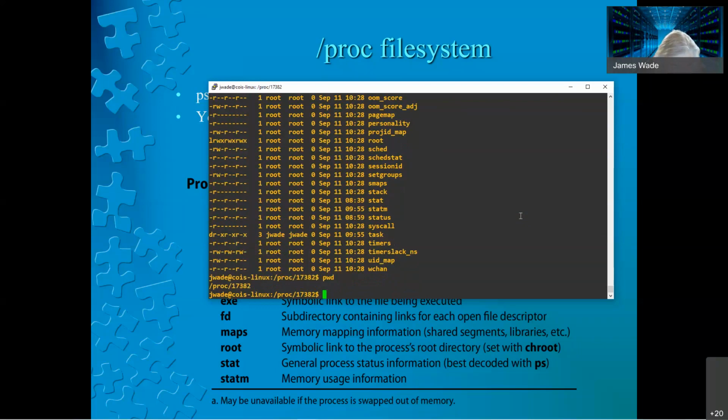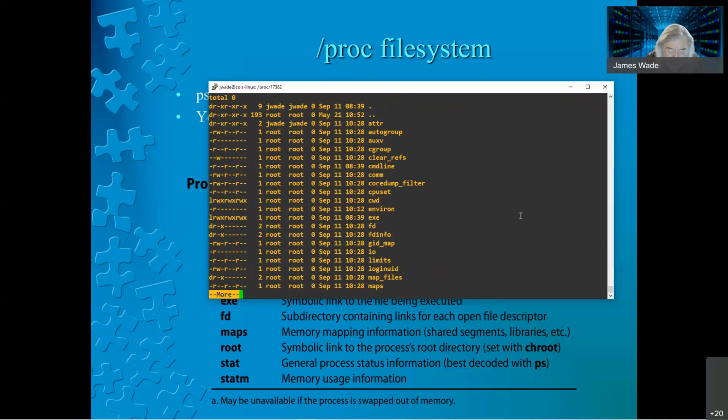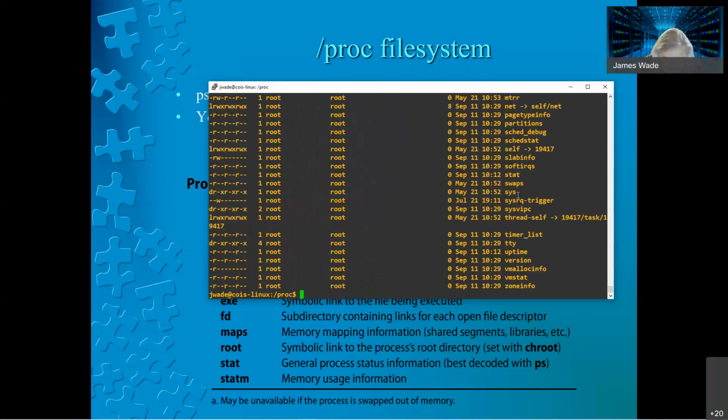Let's see if there's anything. How about we go cat stat? See the information in there? Some status information. I can't read this. Sometimes you can read exactly what's in here. But when you run the PS, it's getting that information from here. And there's more than just process information in here. Notice, look at this. Swap information, stat information, uptime information.